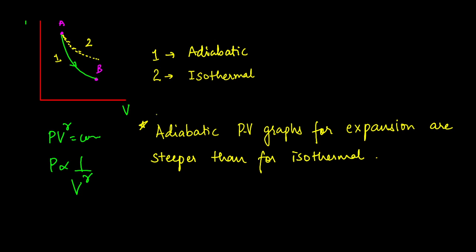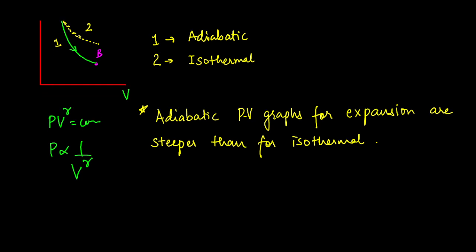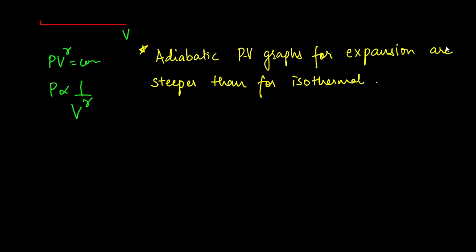Okay, so we get this sort of a difference here, right? Now why do we get this kind of difference? Let me explain. Suppose you are doing this for a monoatomic gas, let's take an example, like helium. For that, gamma's value is 5/3, right, which is 1.66 as you all told me.